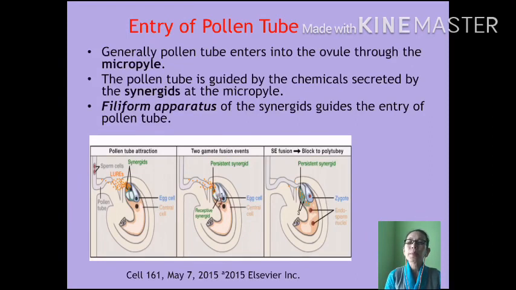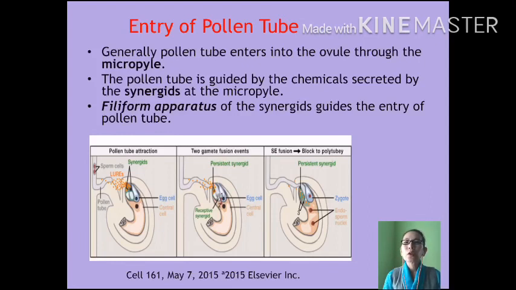These mechanisms collectively result in the prevention of polytubey, or multiple entry of pollen tubes. Such a mechanism is very similar to the response of the egg cell to polyspermy.